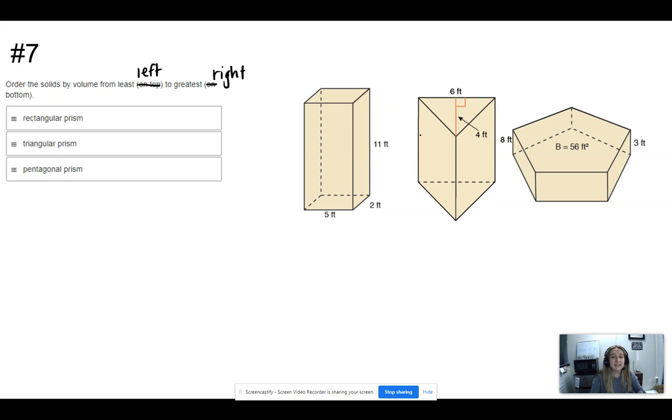So we need to find the volume for each of these shapes. Let's remember the volume formula: volume equals the area of the base times the height of the prism. Now remember, the base is the shape that's on the top and the bottom. The base for this one is a rectangle, so the area is length times width.